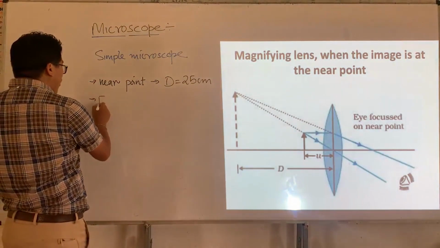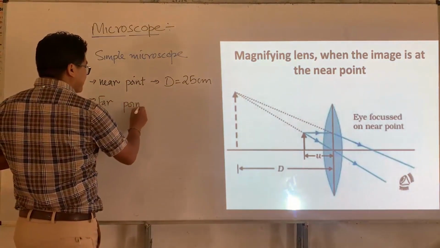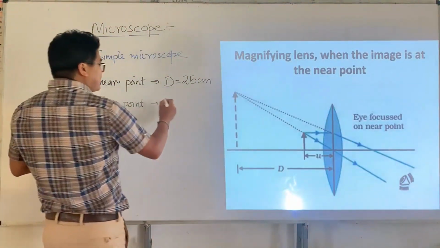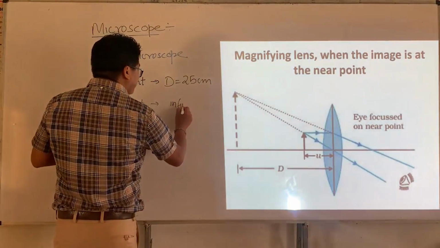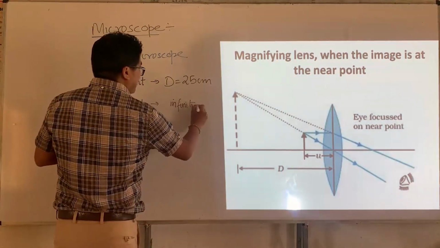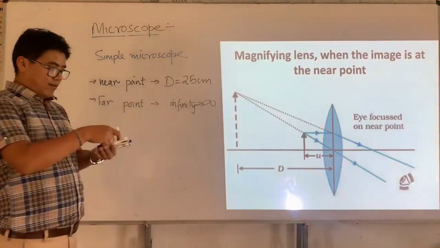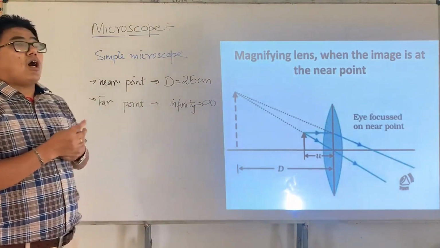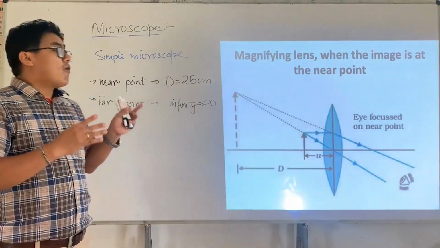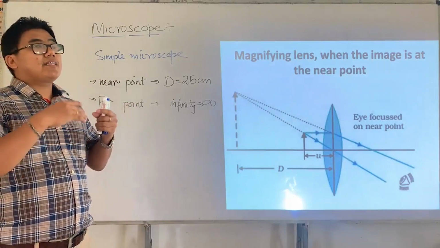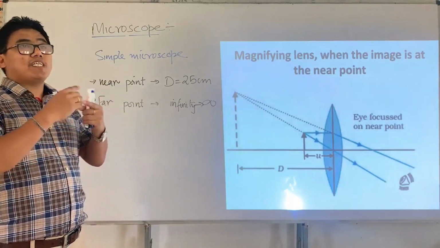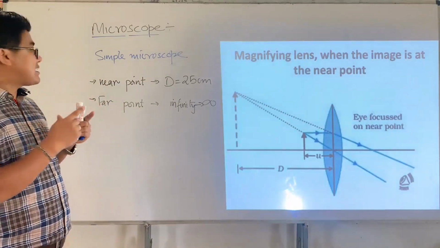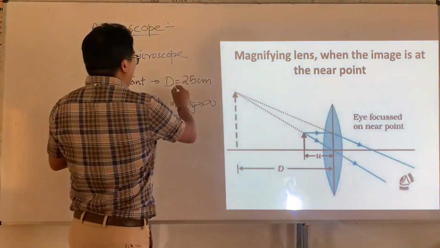And again we talk about the far point. This is the furthest point which we can see comfortably, which is normally taken as infinity, denoted by infinity. This is a very important point. When we see through a magnifying glass, the image of an object is going to emerge, and we make sure that we keep the image either at the near point or at the far point.